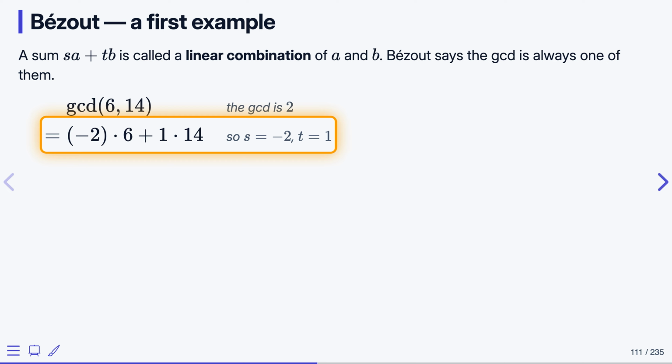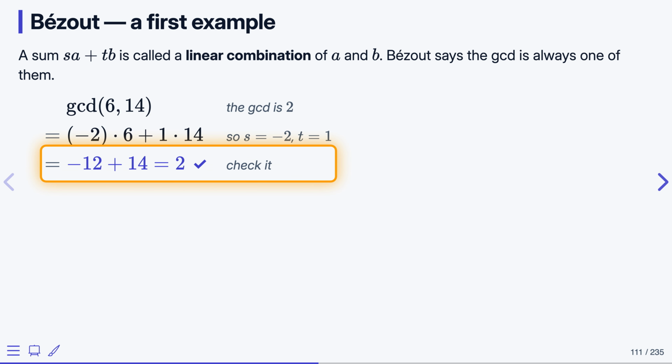Step 1, we can write 2 as minus 2 times 6 plus 1 times 14. So the Bézout coefficients here are minus 2 and 1. Notice that one of them is negative. That is normal. Step 2, always check. Minus 2 times 6 is minus 12. Plus 14 gives 2. It works.